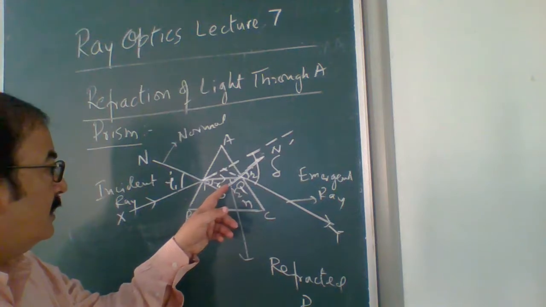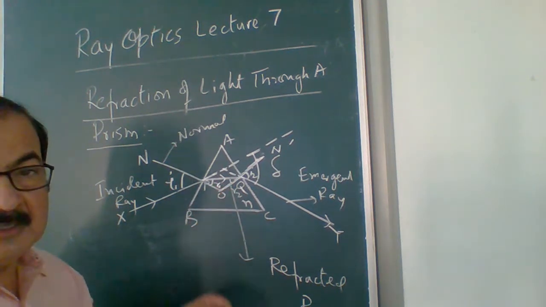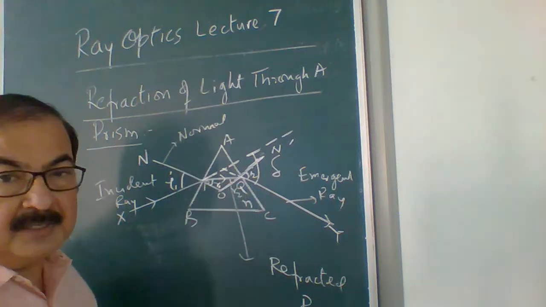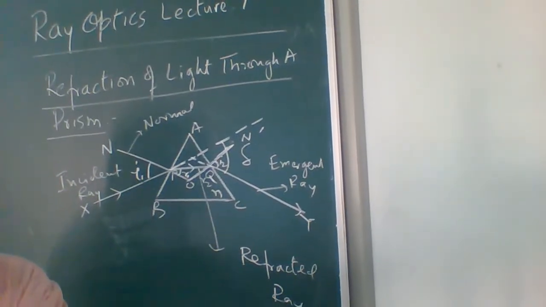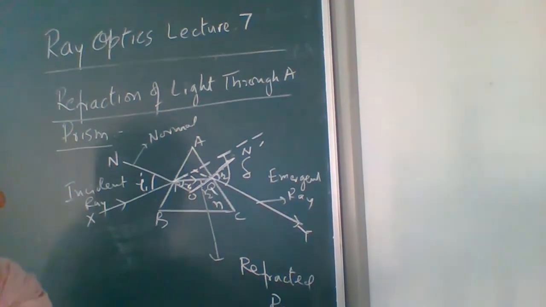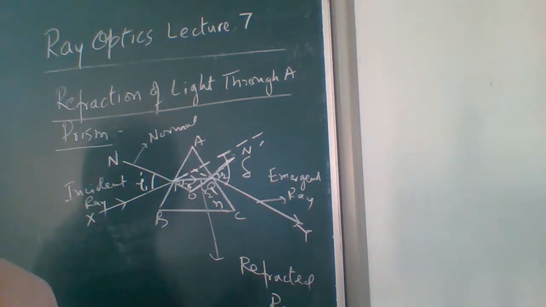Therefore the refracted ray PQ makes an angle R2 with this normal. This is R2, a very small thing which you can just observe, and this is angle I2. Clear? So this is the general thing.